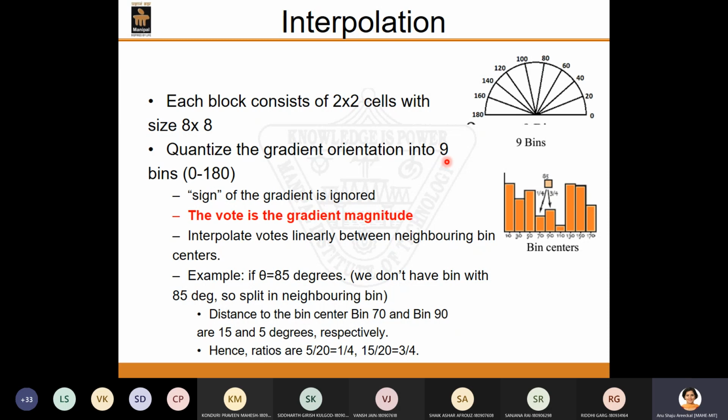When you actually calculate the histogram of an image, like we discussed in the previous class, you will get a histogram with the number of bins equal to the number of intensity levels present in an image. For example, in an 8-bit image, the number of intensity levels is 256, right?